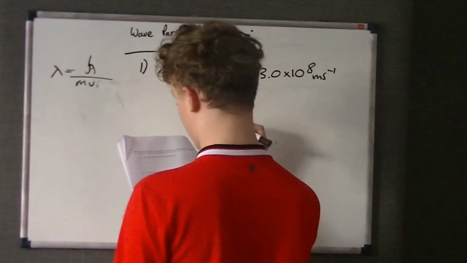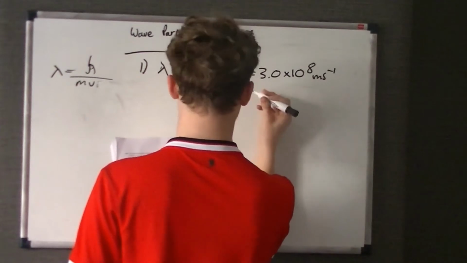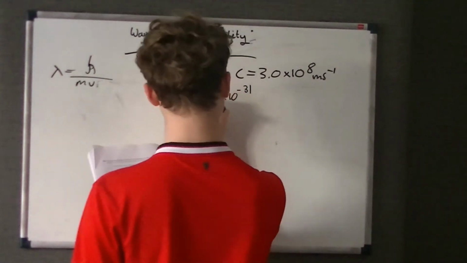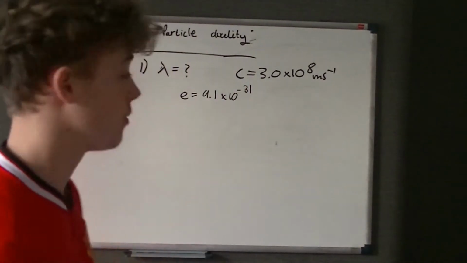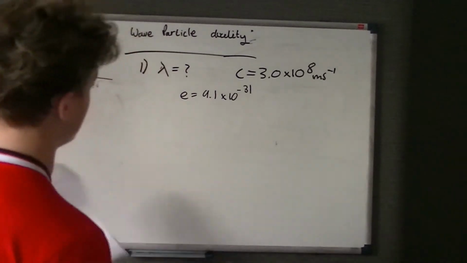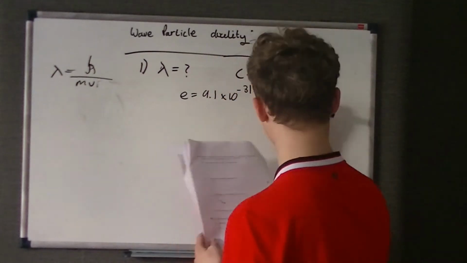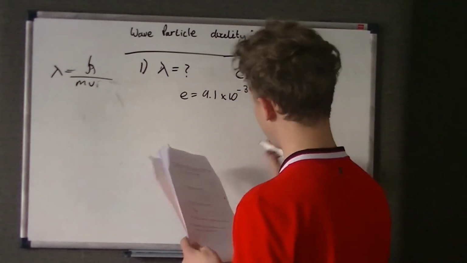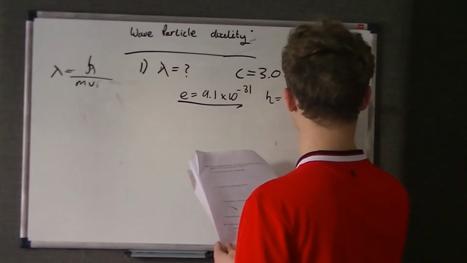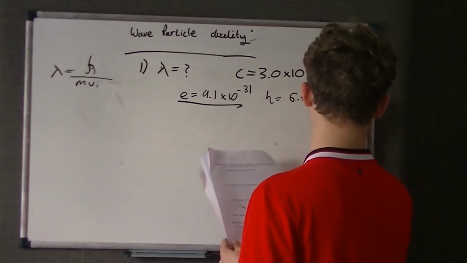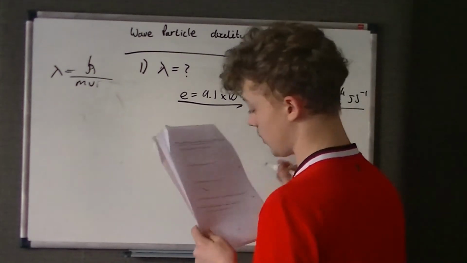The mass of the electron is 9.1 times 10 to the minus 31 kilograms. Sorry, earlier I said 1.67 times 10 to the minus 27, I've messed that up. That's the mass of an electron. And Planck's constant, you're given that in the exam, 6.6 times 10 to the minus 34 joule seconds. So that's what we're given.